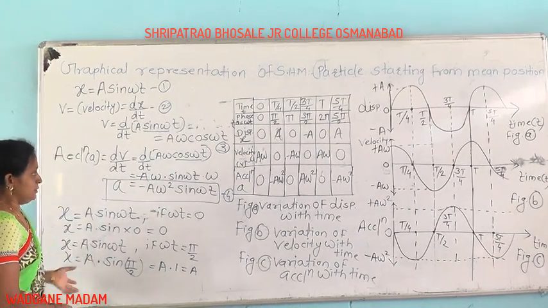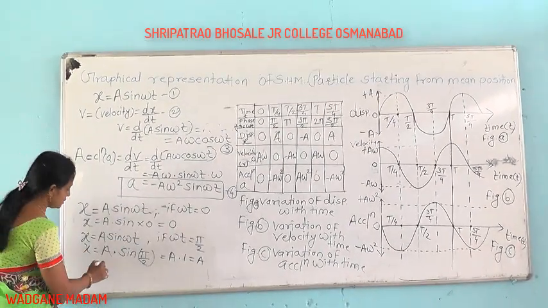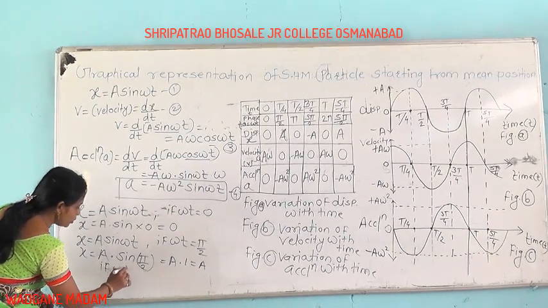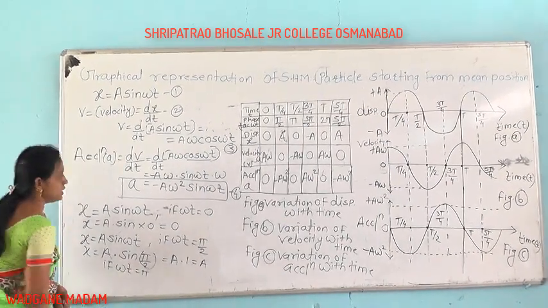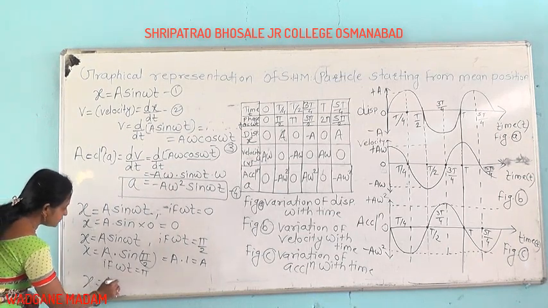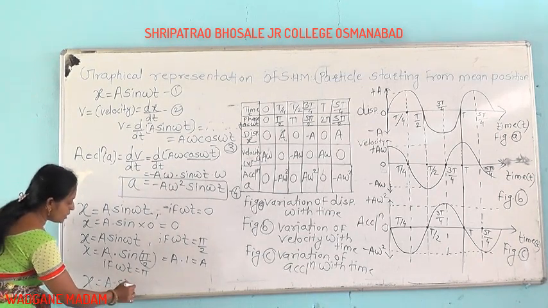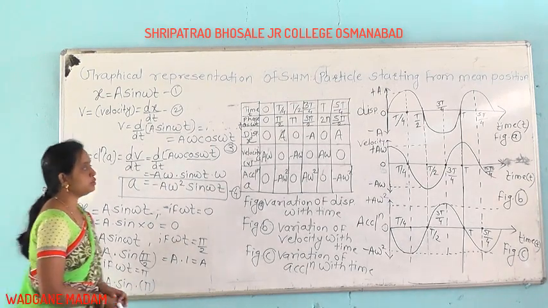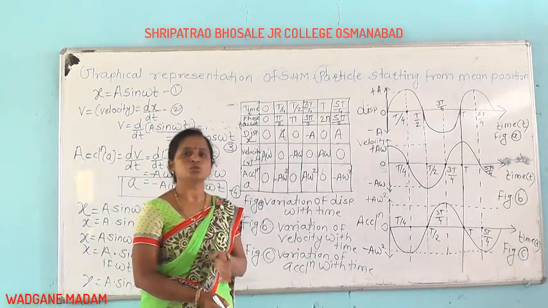After that, if omega t is equal to pi, then displacement x is equal to a sin omega t, where omega t is pi. We know that sin pi is also 0.